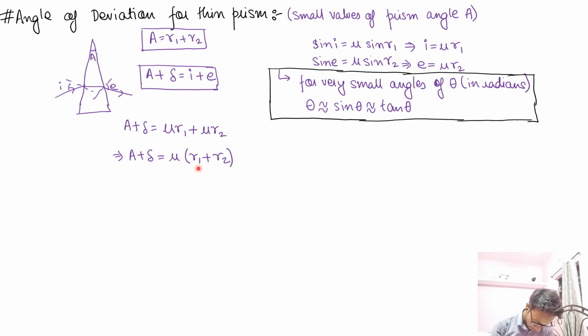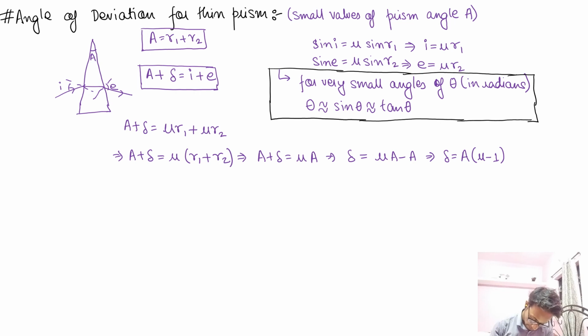Now what is R1 plus R2? R1 plus R2 is nothing but A, so A plus D is equal to mu into A, or D is equal to mu A minus A, or D is equal to A into (mu minus 1).